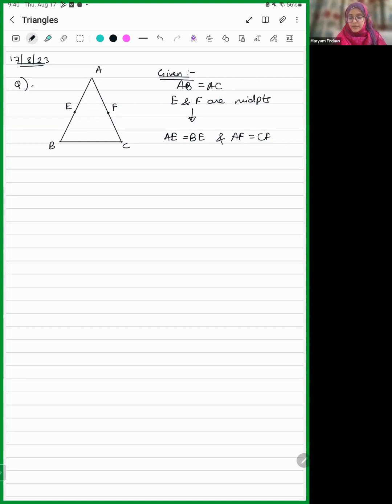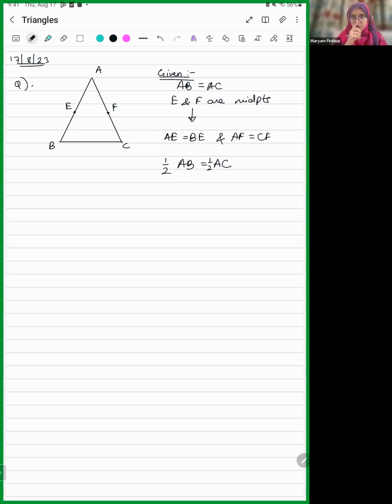Since AB is equal to AC, all of these are equal to each other, because half of AB will become half of AC. Half of AB is AE and also BE, and half of AC is AF and also CF. So they're all going to be equal to each other. Okay.